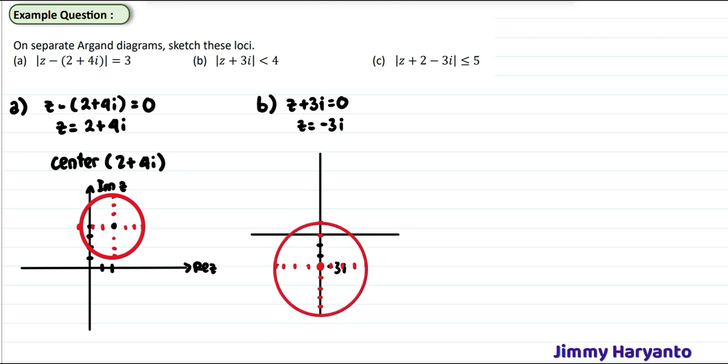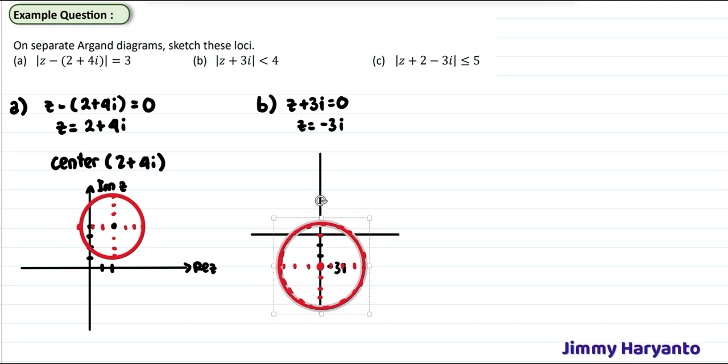This is our circle. But this time, because the sign doesn't have an equal sign, it has to be a dotted line like this. Let me erase this one. And then you have to shade the region inside the circle because it is less than 4.